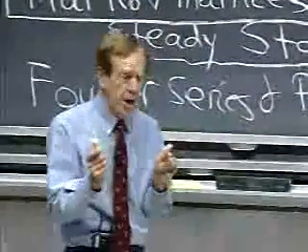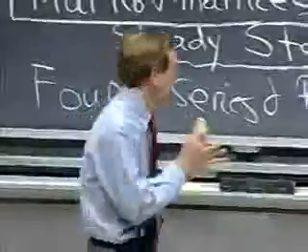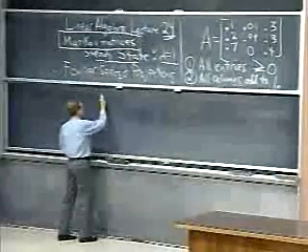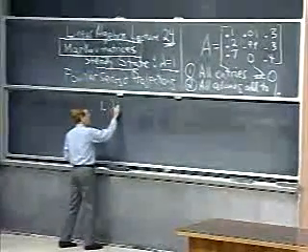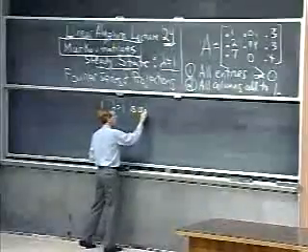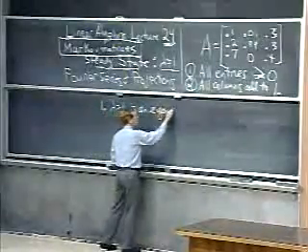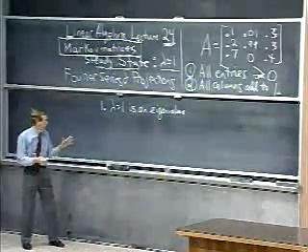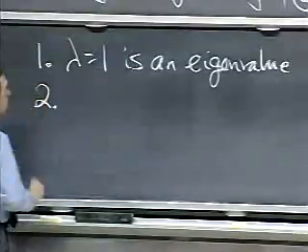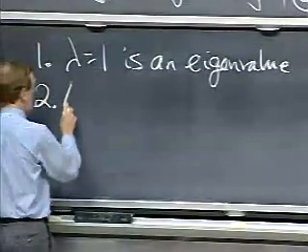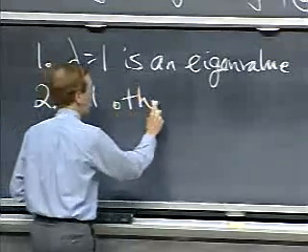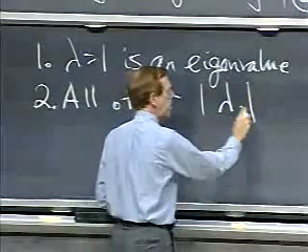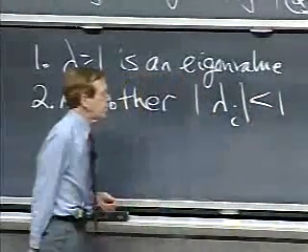The key points, let me write these underneath: lambda equal 1 is an eigenvalue. And key point 2: all other eigenvalues are, in absolute value, smaller than 1.